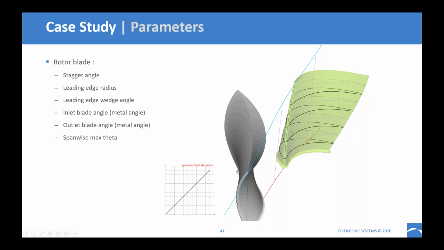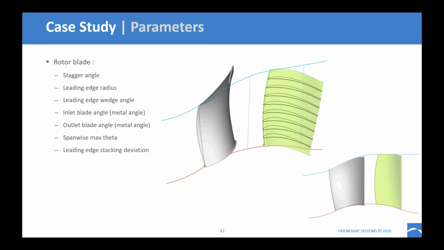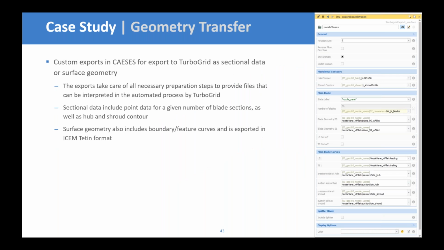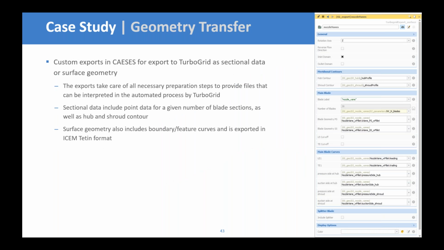In this case, we don't have this curved shape, but we have the maximum value at the shroud. And again, the shape of the stacking line at the leading edge. So this is our set of parameters that we selected for the optimization.